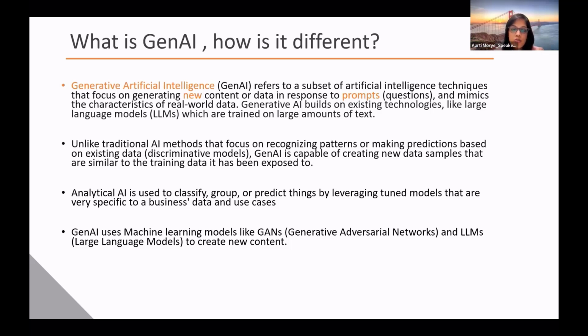Analytical AI is used to classify, group, or predict things by leveraging tuned models that are very specific to a business data and use case. For example, let's say you are using a traditional analytical AI model to predict the price of a particular house in a particular locality. That is a very pointed use case towards real estate, and you will have a model that will cater to that particular problem.